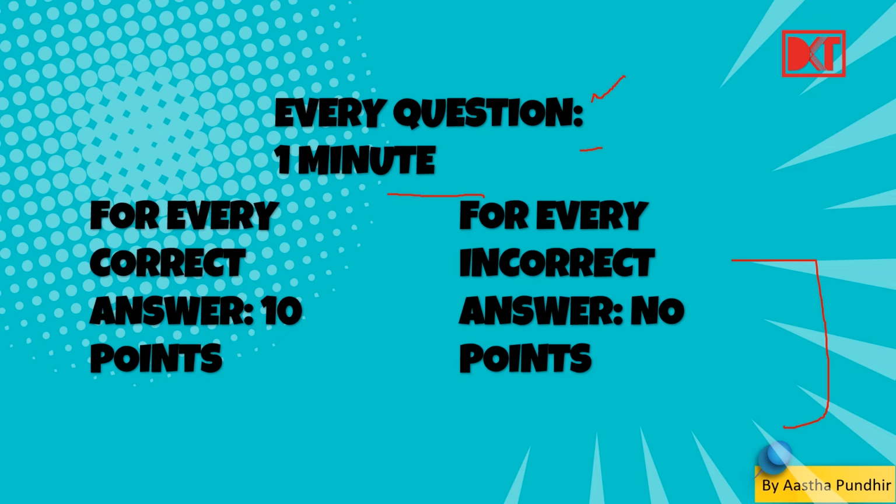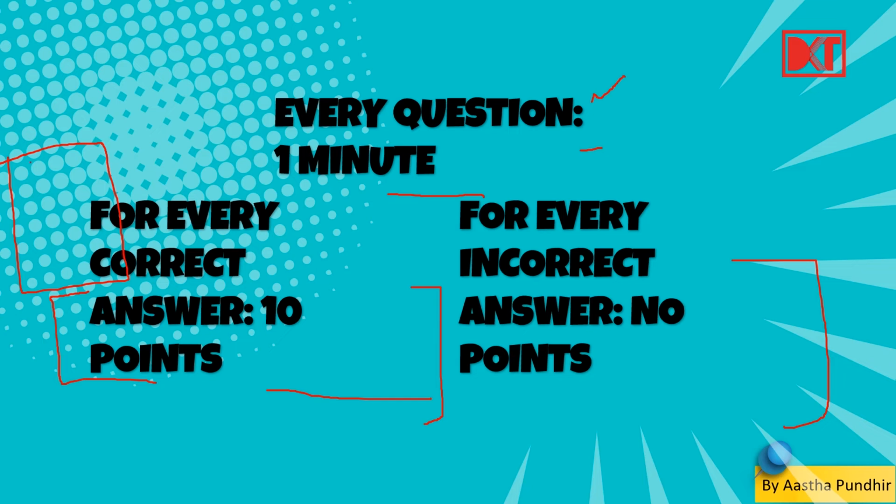So it is good to attempt those questions, and even if you don't know all the answers, try to understand and take a guess. Okay, so for every correct answer, 10 points. This is just for your own little game where you can try to maintain a notepad.